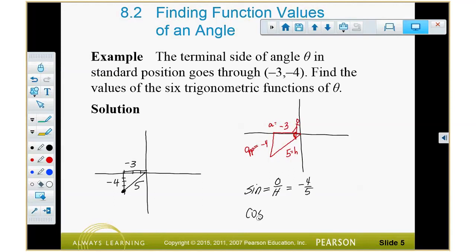Cosine is equal to adjacent over hypotenuse, which is going to be -3 over what? And tangent is opposite over adjacent, -4 over -3, which is 4/3. Y'all check me.